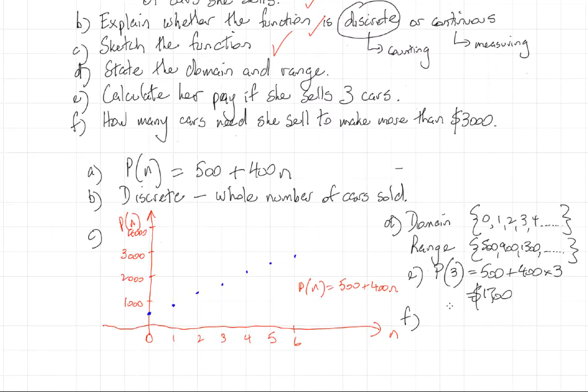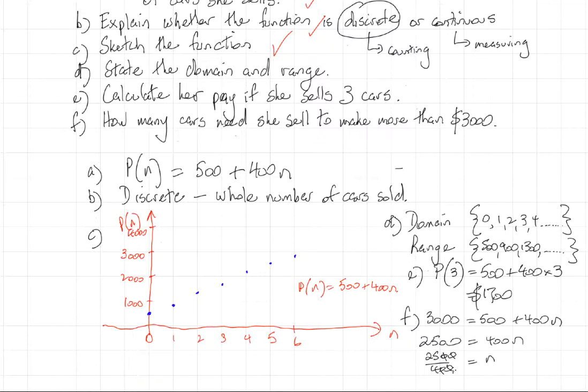So to make more than 3,000, we've got 3,000 as her pay, equals 500 plus 400n. Take the 500 over the other side and it becomes minus 500, so we get 2,500 equals 400n. So that n equals 2,500 over 400.